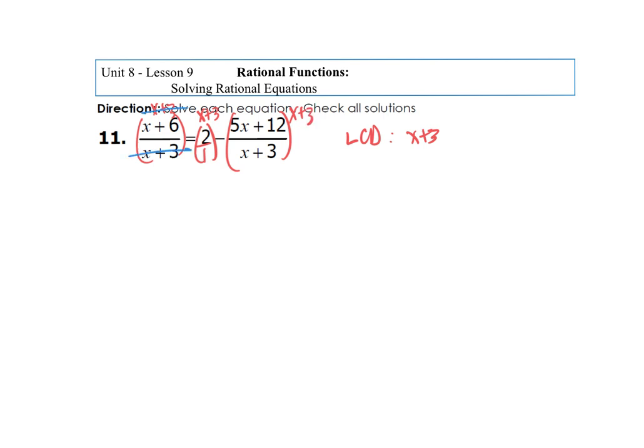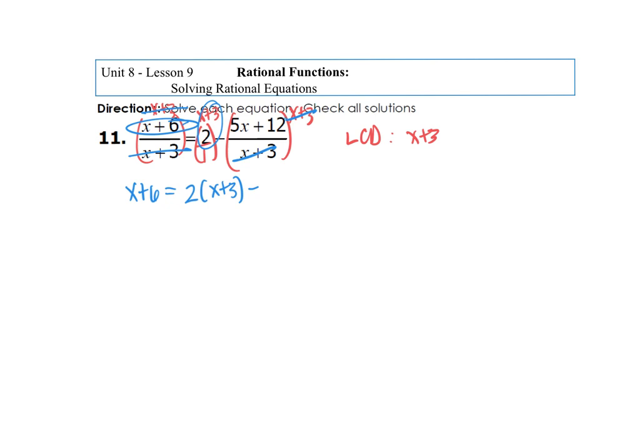So this x plus 3 all cancels out, leaving us with just x plus 6. There's my equal sign. We don't get to cancel anything out, so we need to multiply 2 into x plus 3. And then we've got a minus sign, and then our x plus 3's cancel, but here's a little trick.